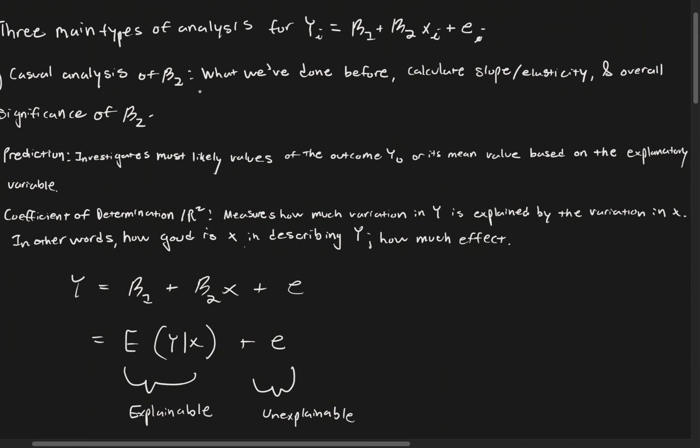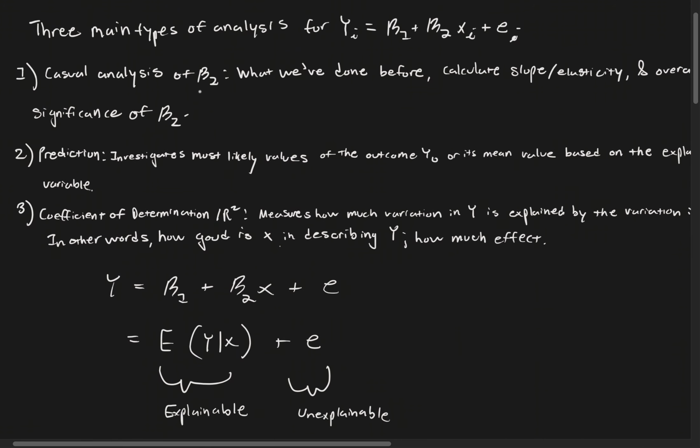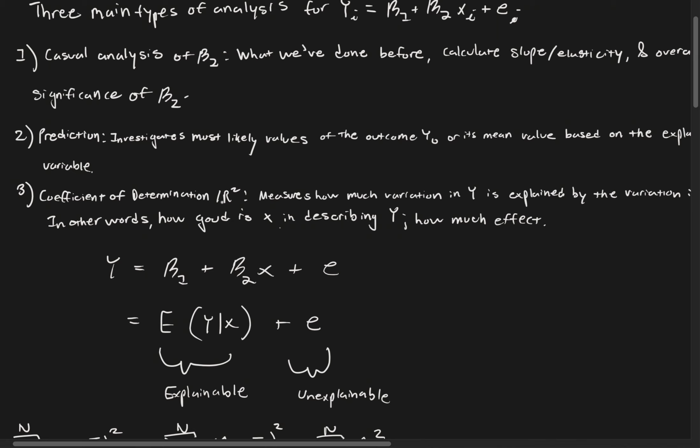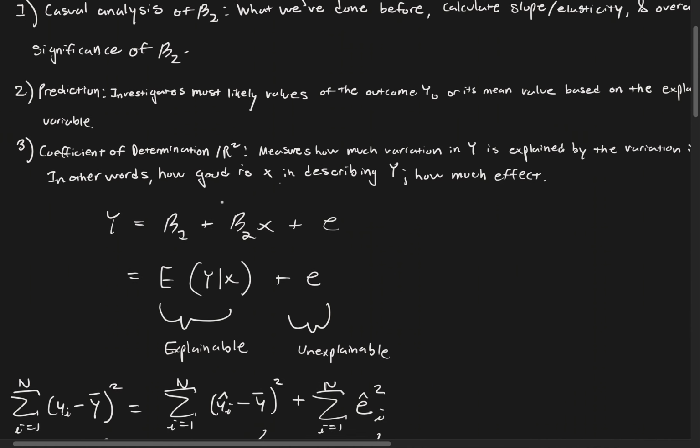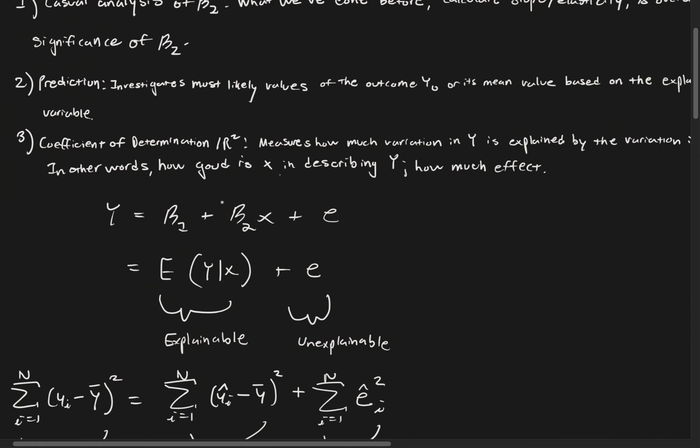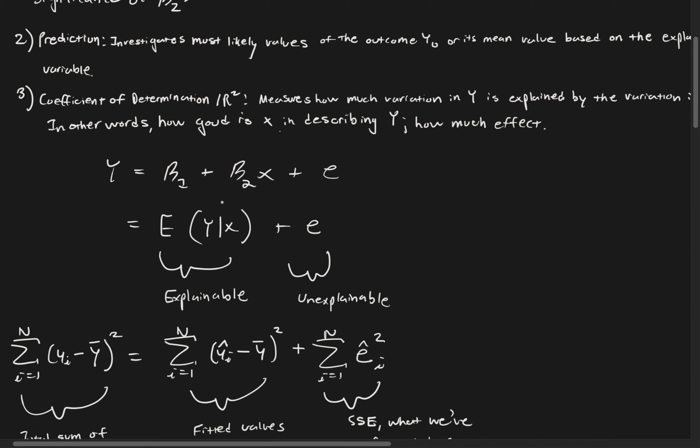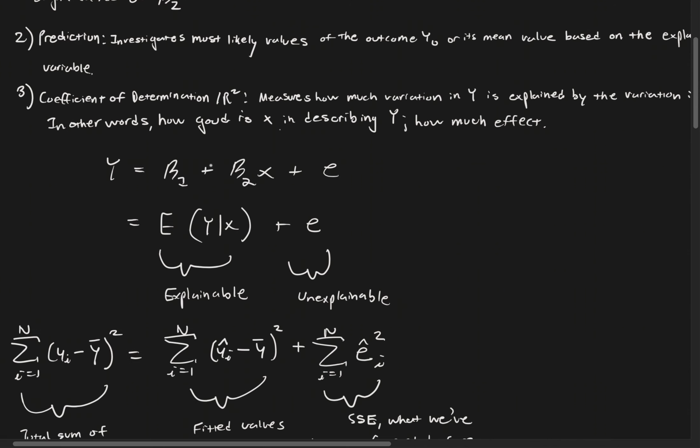Elasticity, I guess, is a little similar, but in casual analysis, we're looking at just the raw impact of y in relation to the beta squared, and the R squared is saying how good is x at describing y, like how much overall impact does it have, or what proportion of y is explained by x, I guess.